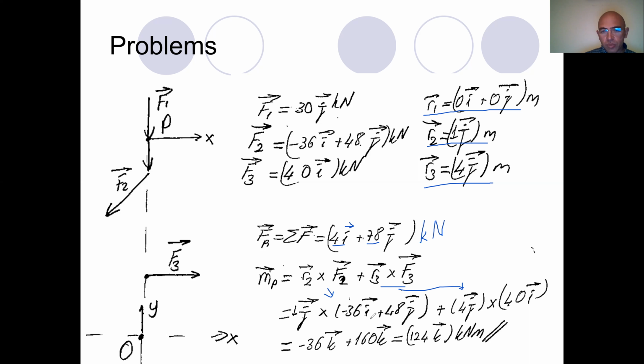Therefore, in this vector multiplication, j multiplied by i will make positive k, and 1 multiplied by minus 36 will make minus 36k vector. Here, j multiplied by i will make positive k. 4 multiplied by 40 will give you 160. And as a result, the resultant moment is 124k vector, and the unit is kilonewton meters.